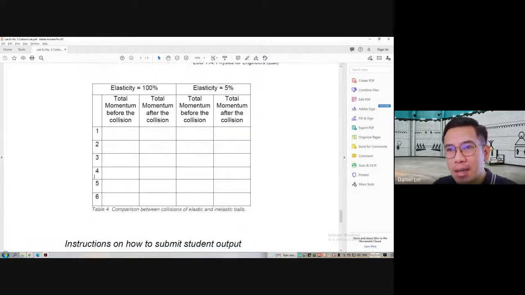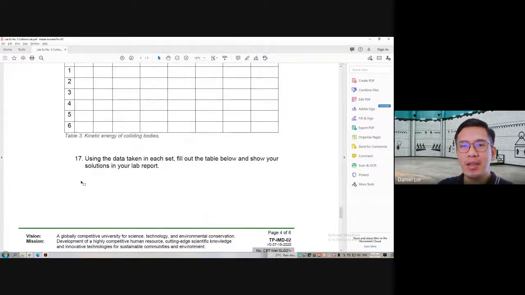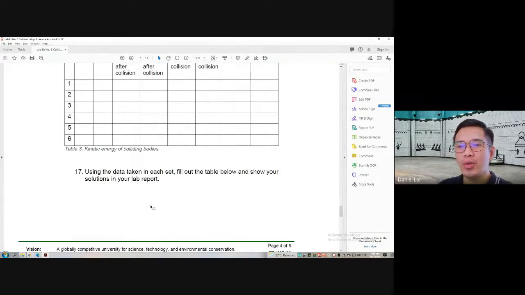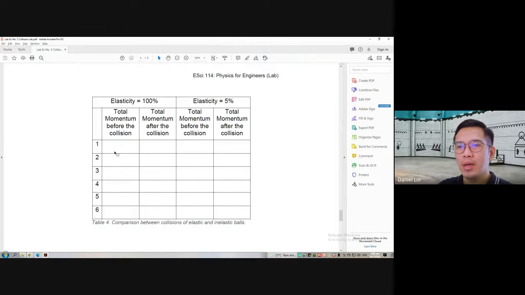Lastly, last na ba ni? Hindi pa rin. Number 17, using the data taken in each set, fill out the table below and show your solutions in the lab report. So we are going to compare the momentum before and after collision for both elasticity settings. Diba, giset nato ganiha og 100%, ato pong giset nga 5% ang elasticity. So atong butang diri nga table ang mga momentum lang.